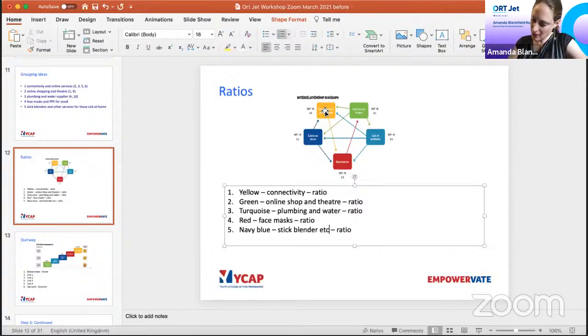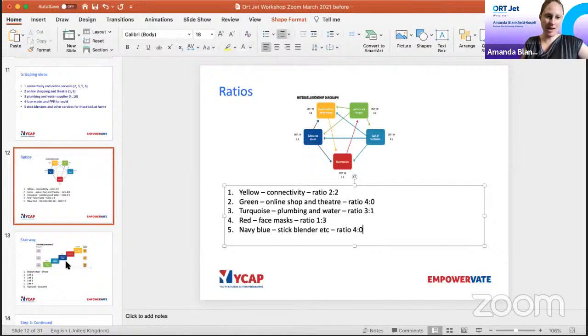And for the stick blender, there's 4 that went in and none that went out. So the ratio for the yellow one is 2, 2. For the green one, 4, 0. For the blue one, 3, 1. For the red one, 1, 3. And for the fifth one, 4, 0.